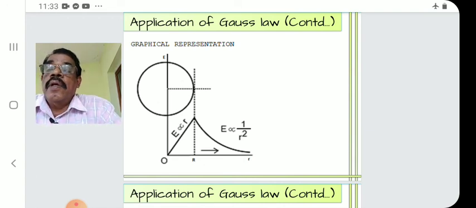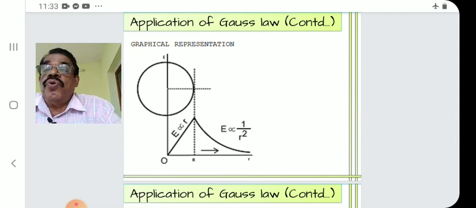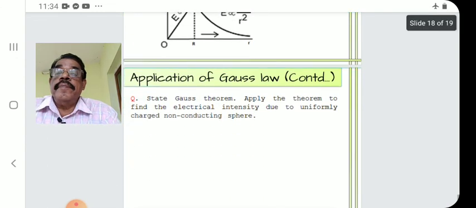At the surface the field is maximum, it decreases as E proportional to 1 by r square outside, but inside the sphere, the graph is a straight line moving upwards, where E is proportional to r.